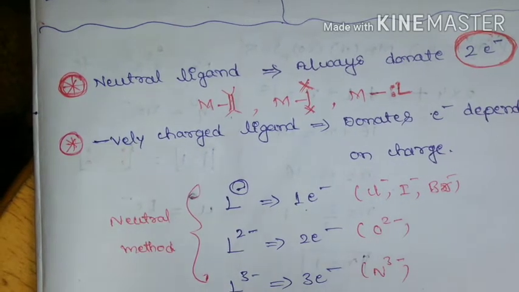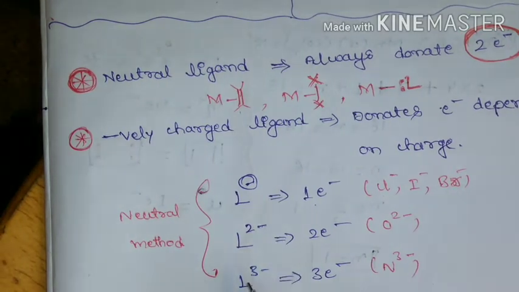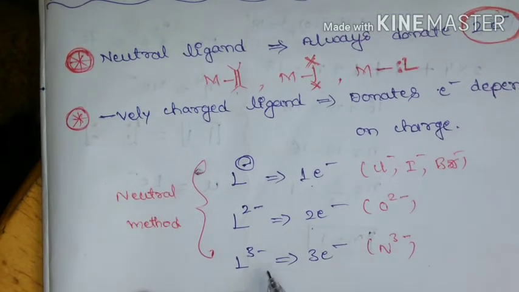If it is carrying 2 negative charge, then it is going to donate 2 electrons, O2 minus is the example. And if it is carrying 3 minus, then it is going to donate 3 electrons, that is N3 minus. Keep in mind that this is applicable for the neutral method.